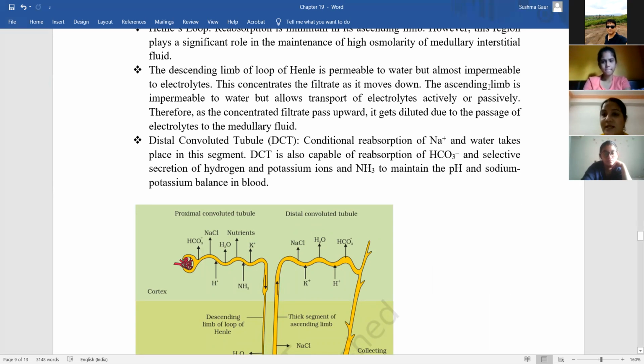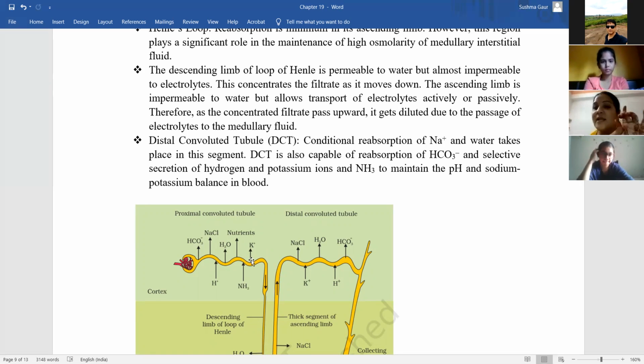So the ascending loop of Henle is impermeable. So don't get confused. The descending loop of Henle is permeable to water, while the ascending loop of Henle is impermeable to water, but it allows the transport of electrolytes. So what is difference between the working of ascending and descending? Why is loop of Henle divided into two parts?